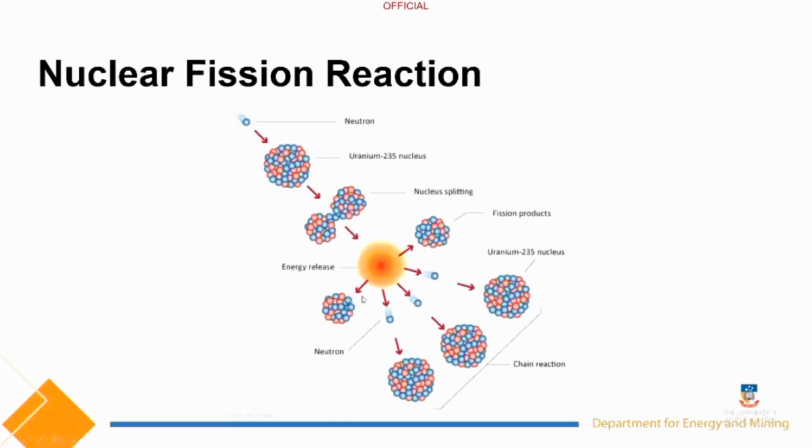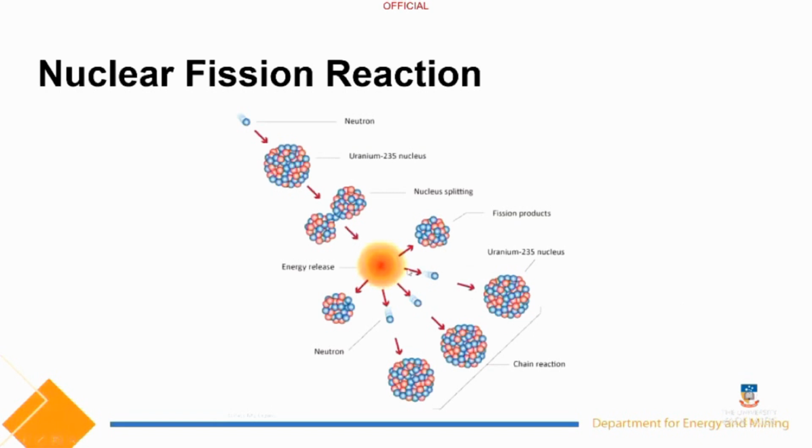And not only does it produce energy, but it also produces a number of other atoms, fission products with a different nucleus, plutonium, xenon, and a whole bunch of others, but that's not that important, because what you're doing is you're affecting the nucleus of the atom, and that's changing. Unlike a chemical reaction where you're only playing around with the electrons, here you're actually playing around with the nucleus itself and the protons and the neutrons.